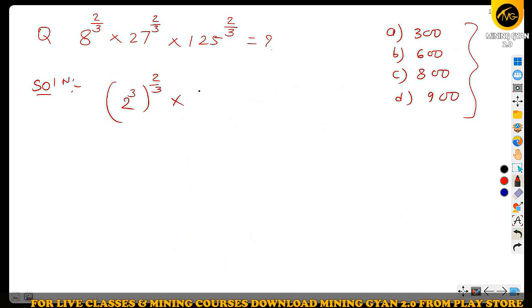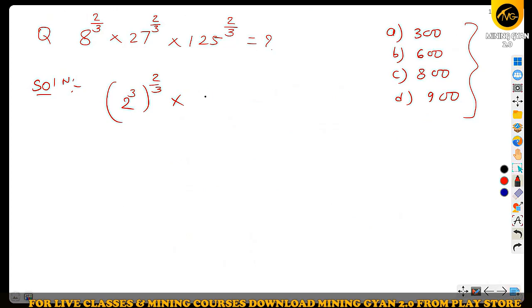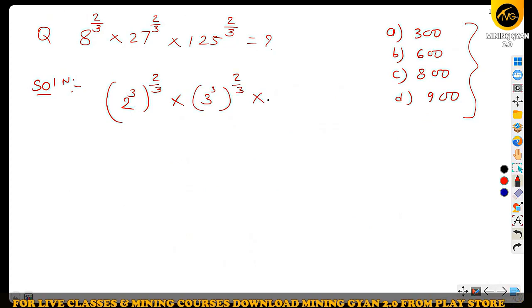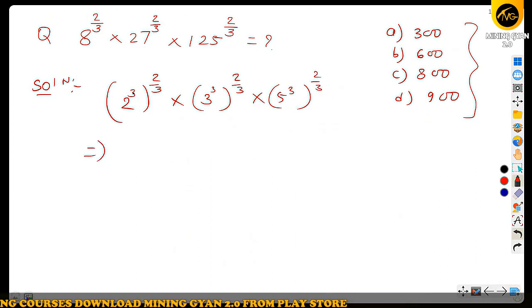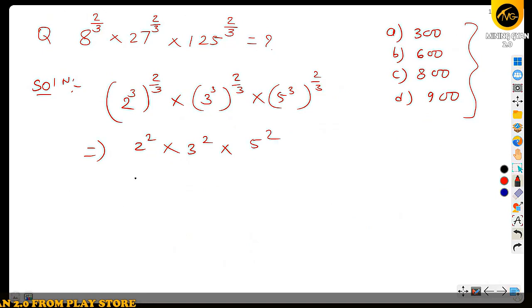Similarly, 27 is the cube of 3, 3 cube whole power 2 divided by 3, and 125 is again the cube of 5, so 5 cube whole power 2 divided by 3, right? 3 into 2, that means 6 divided by 3, it means 2 square. Multiply, 3 and 3 cancel, that means 3 square. And similarly 3 and 3 cancel, 5 square.